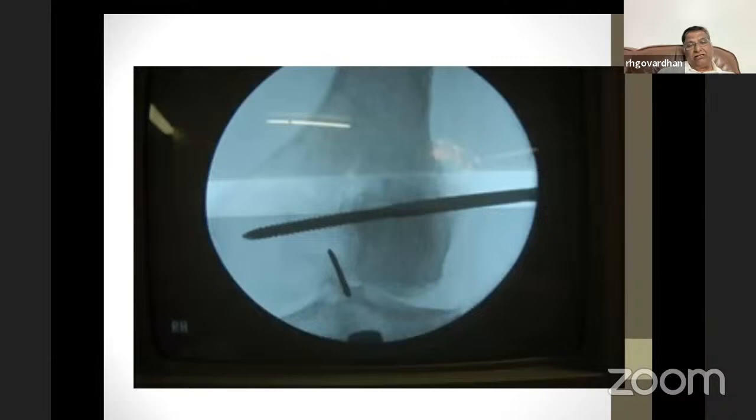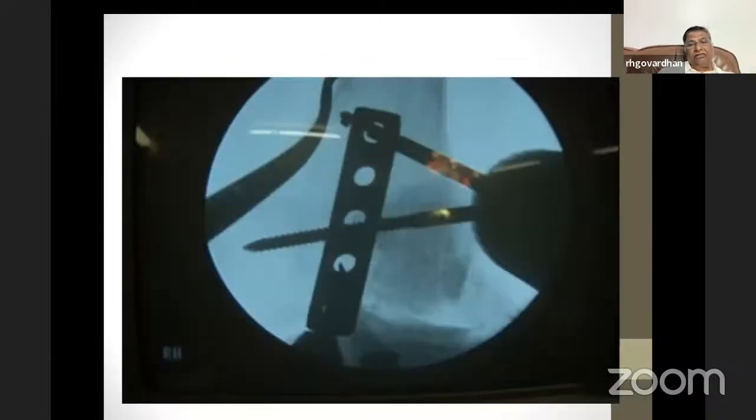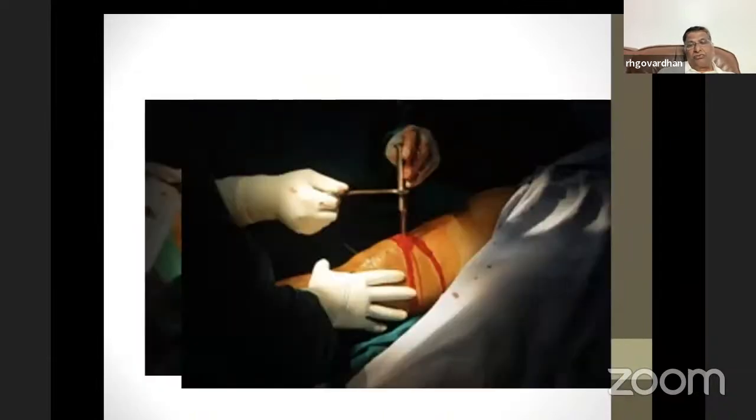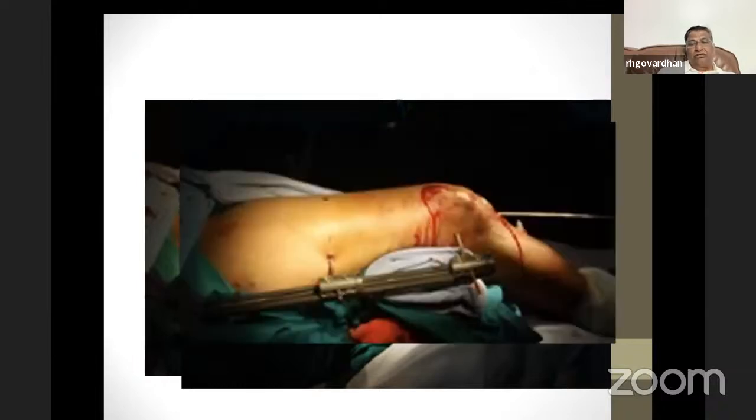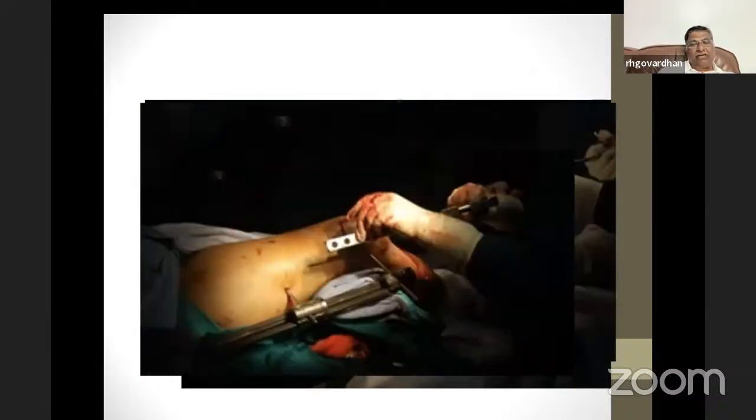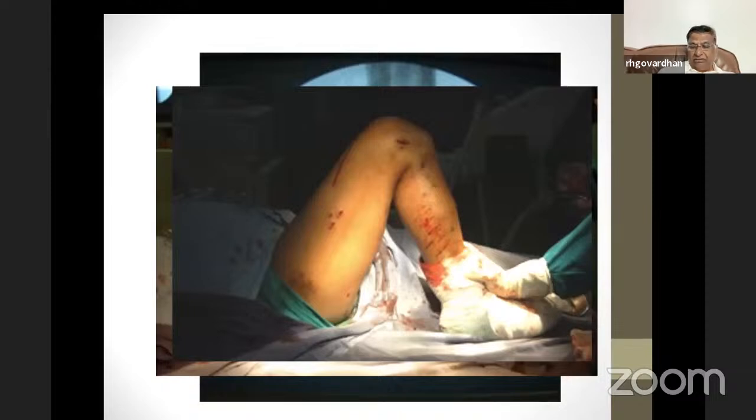Initially, we placed one pin parallel to the joint line and one perpendicular to the shaft, did the dome, and once the dome is marked, you do the osteotomy. Then you use an osteotome, and with the help of a plier, you will be able to translate the distal fragment. Once you have got the correction, it has been fixed with a distal femur nail.